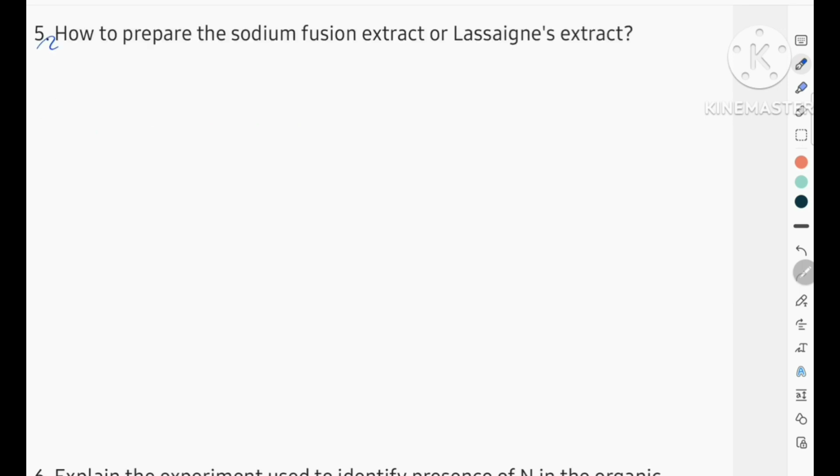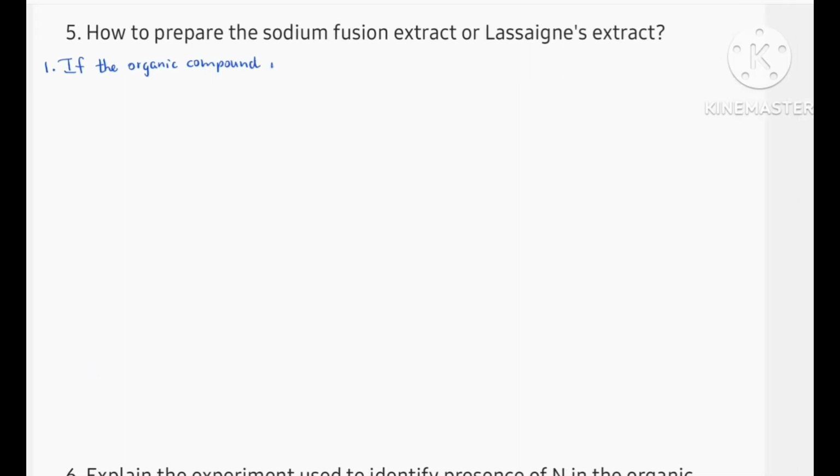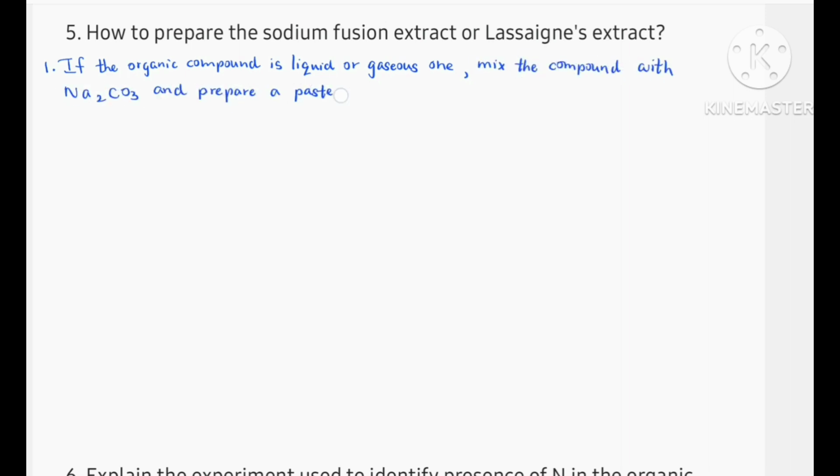Fifth question: how to prepare the sodium fusion extract or Lassaigne's extract? If the organic compound is liquid or gaseous, mix the compound with sodium carbonate and prepare a paste.